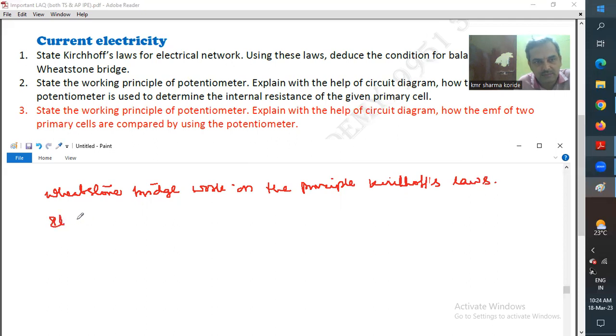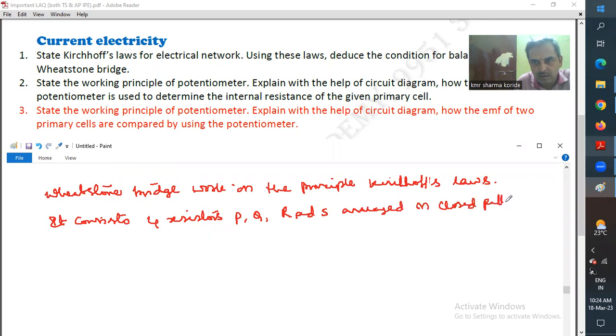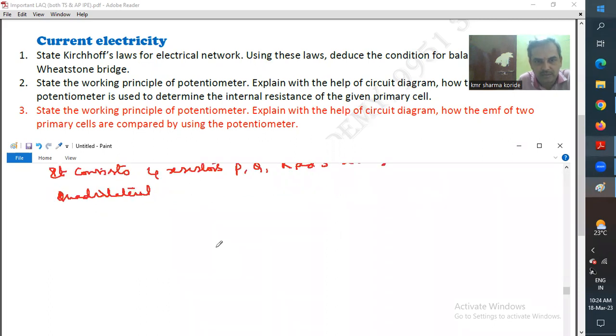It consists of four resistors P, Q, R and S arranged in a closed path, or you can say arranged in the form of a quadrilateral.